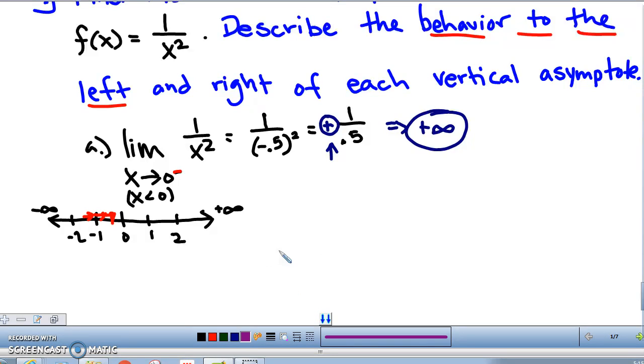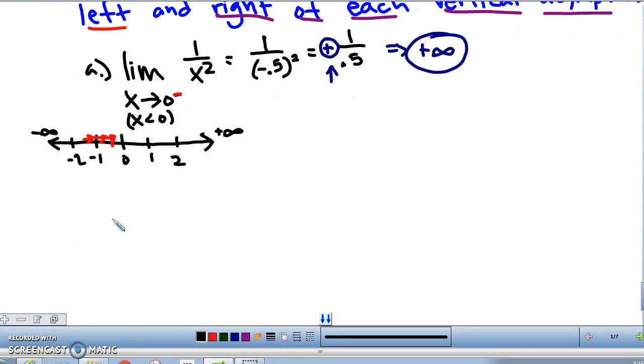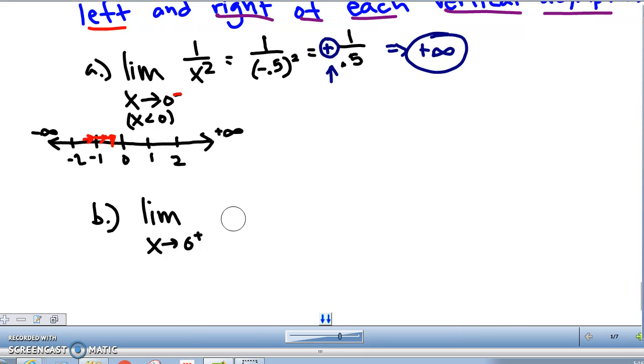Okay? Now it says, also describe the behavior to the right of each vertical asymptote. So, very similar. If x approaches 0 from the negative side, we're approaching from the left. X approaches 0 from the positive side is what we're talking about when I'm talking about the behavior to the right.